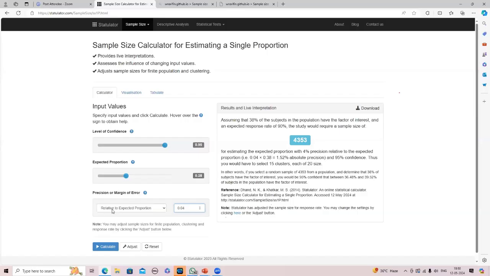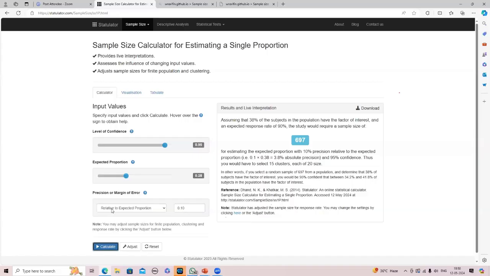If you click on relative expected proportion, now I am changing this to 1%, and then calculate, the calculator will show 0.01 multiplied by 0.38. So now my absolute precision is 0.38%.